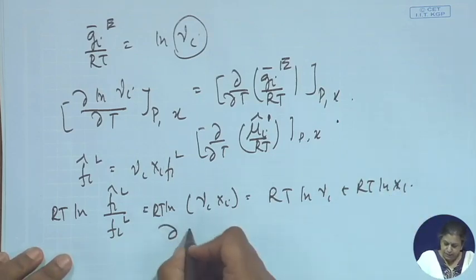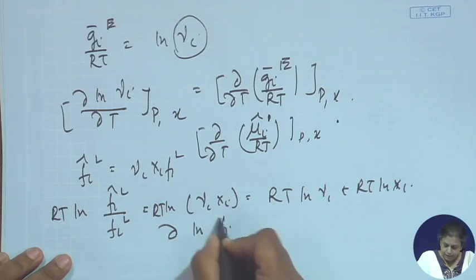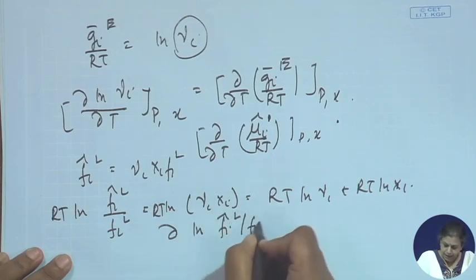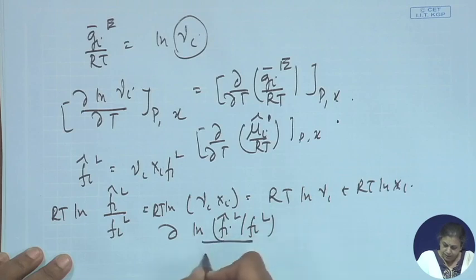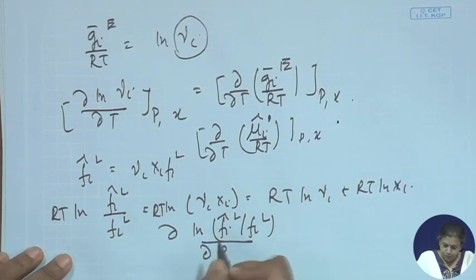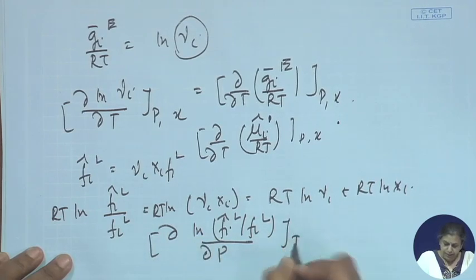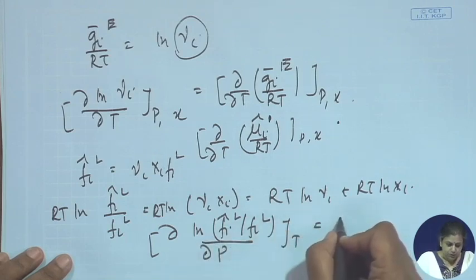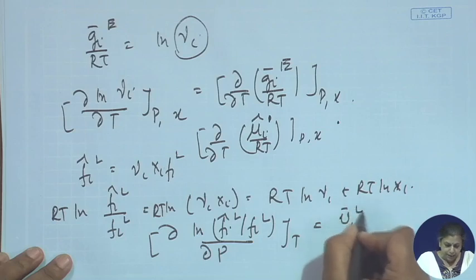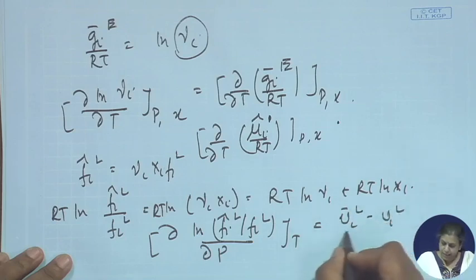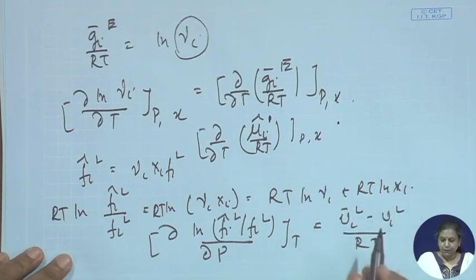So, what is ∂ ln φi by φi ∂P if we take it at constant temperature? Recollect, what is this equal to? This will be equal to (Vi bar L minus ViL) by RT. If you remember, dG equals minus S dT plus V dP. So this is what precisely we have done.